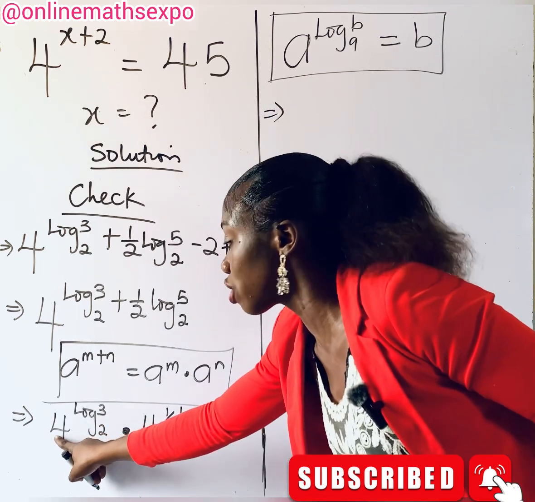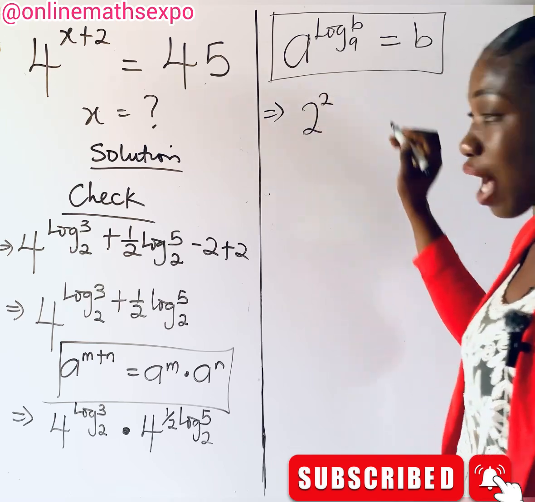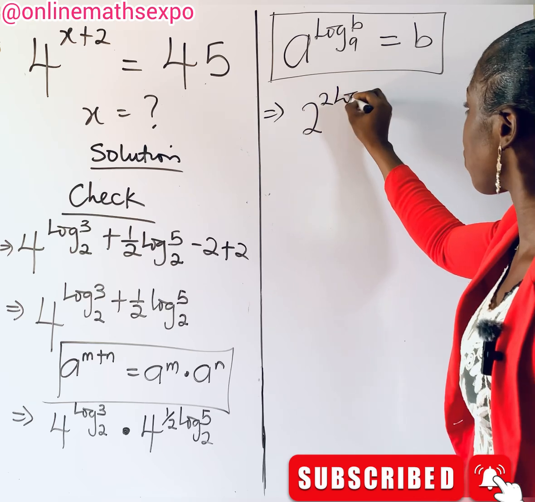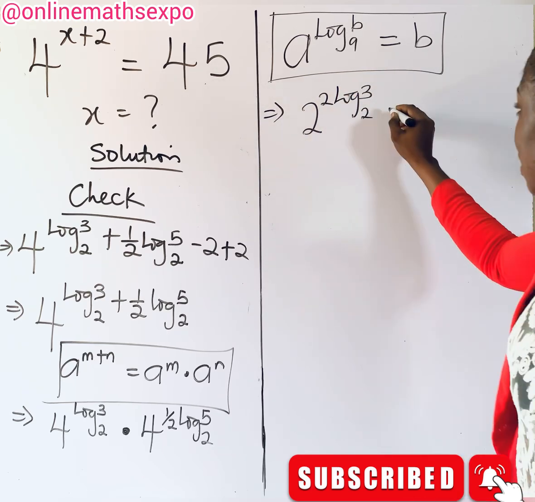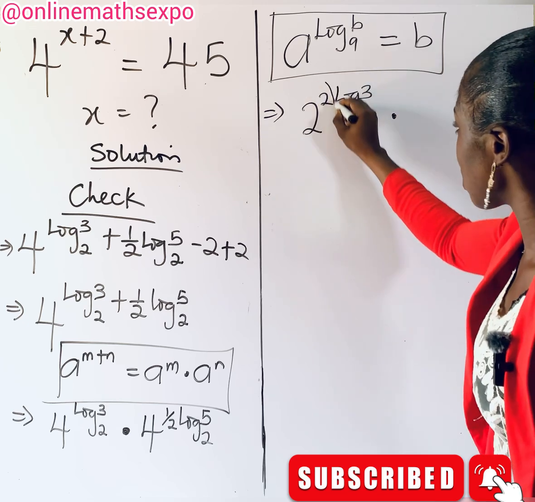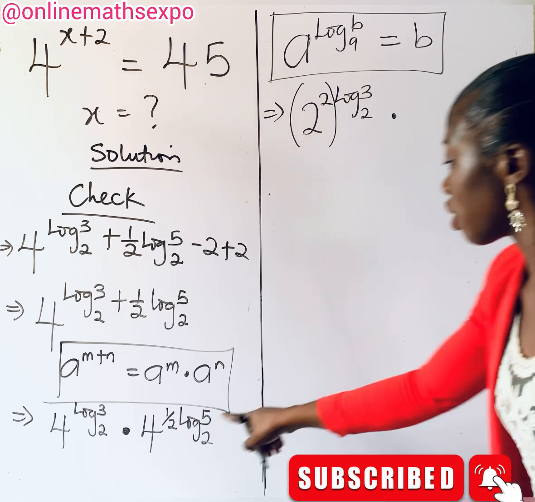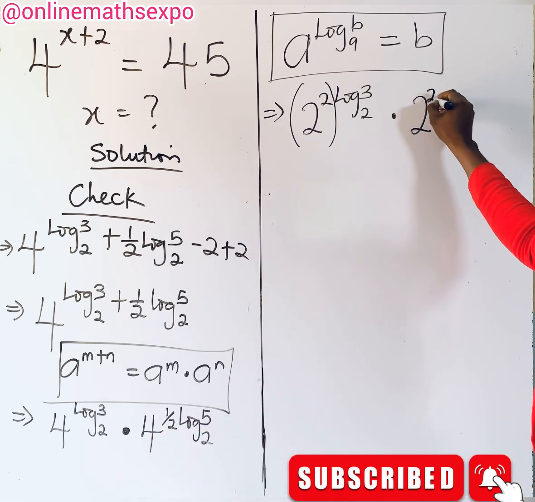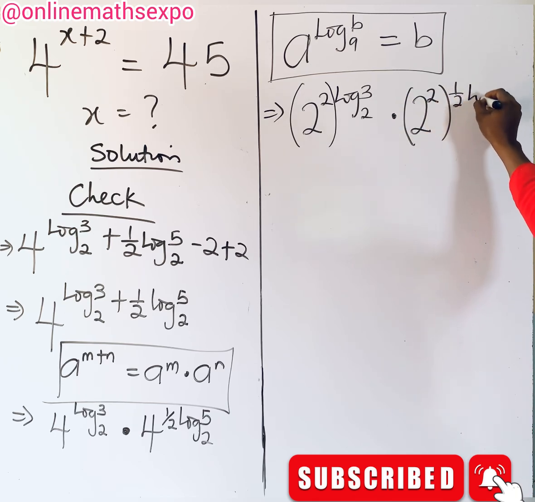So just note that 4 is the same as 2 to the power of 2. I hope you have not forgotten. Then we have log of 3 base 2. Then multiplied by 4, which is the same as 2 to the power of 2, raised to power of half log 5 base 2.